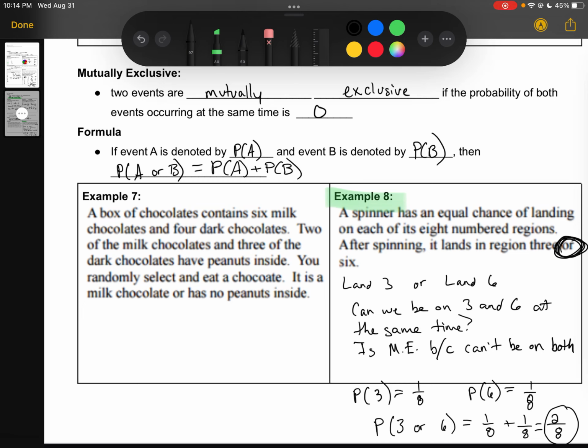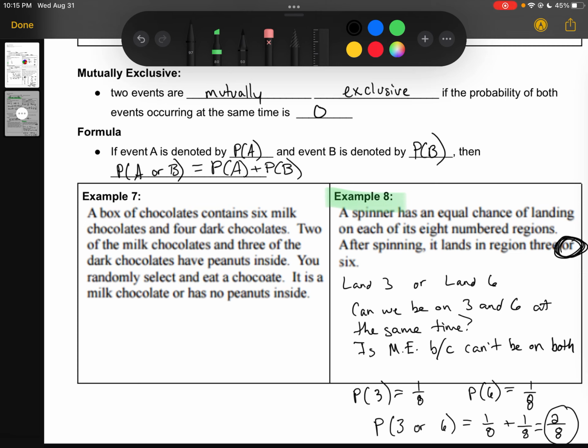All right, so example number 7 gets a little bit more nuanced, a little bit more tricky here, and it's our last one for today. A box of chocolates contains 6 milk chocolates and 4 dark chocolates. 2 of the milk chocolates and 3 of the dark chocolates have peanuts inside. So what you're seeing, if you've ever eaten a chocolate bar before, is sometimes they have variety. It's not just chocolate, they have other things inside of them.